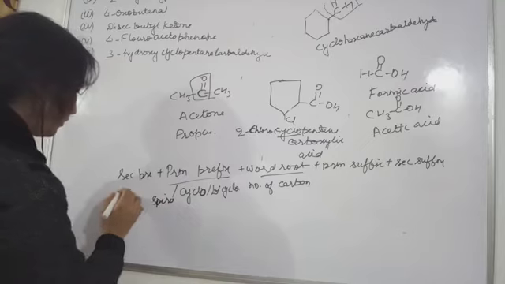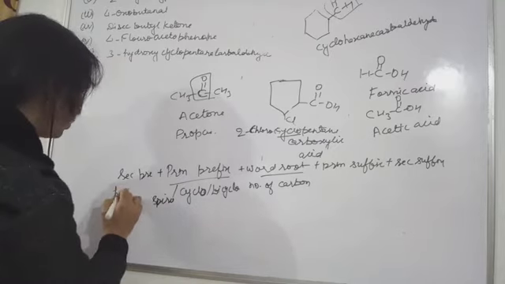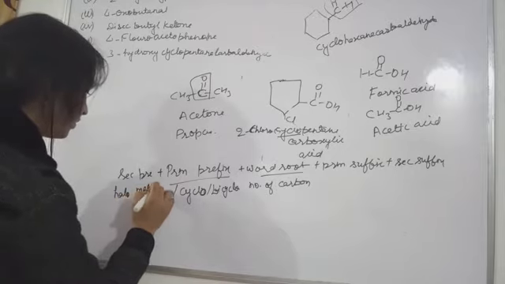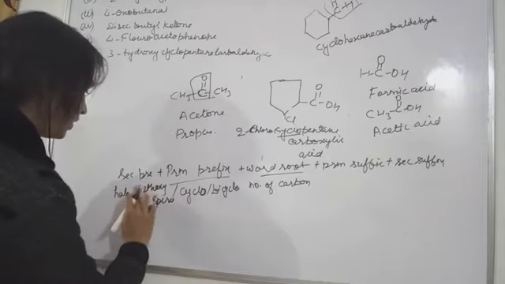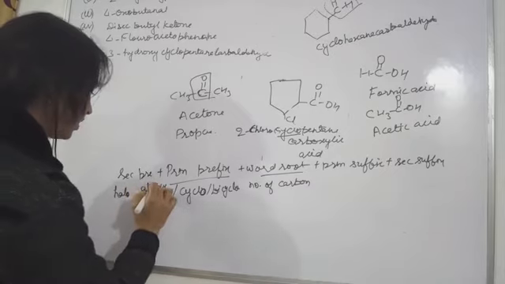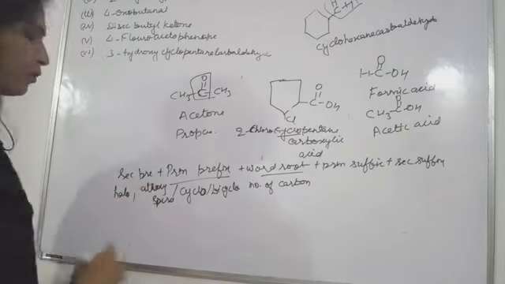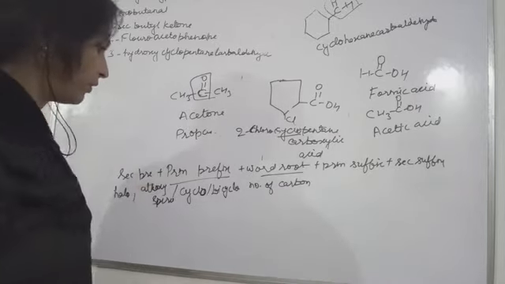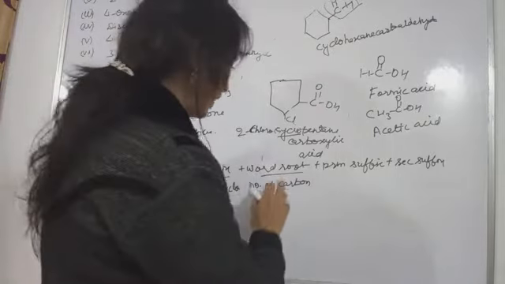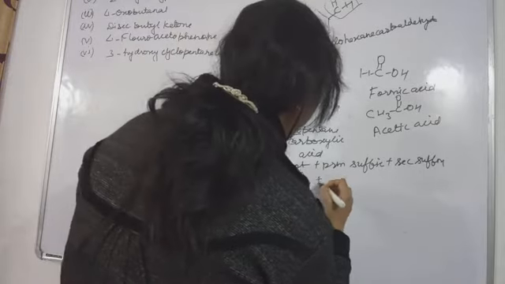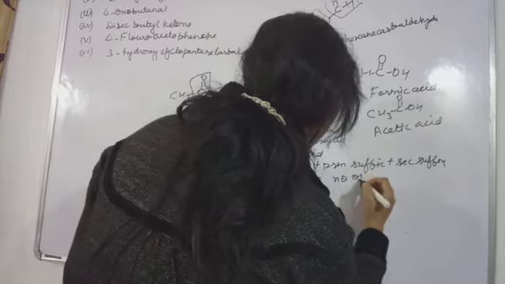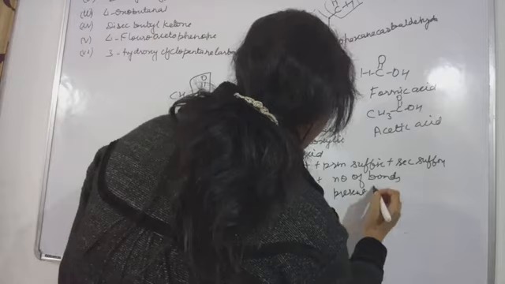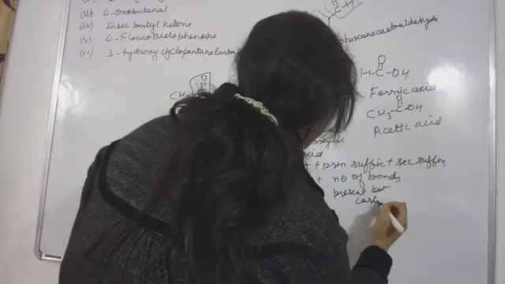This is the secondary prefix, because of this halo group. Then alkoxy, halo group, chloro, bromo, iodo, like that. So the secondary prefix comes first, then the primary prefix, and then the number of carbons, which tells you the word root. Then the primary suffix, which is the number of bonds present between the carbons.